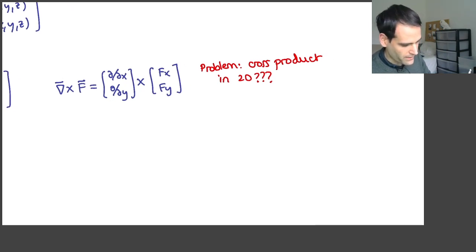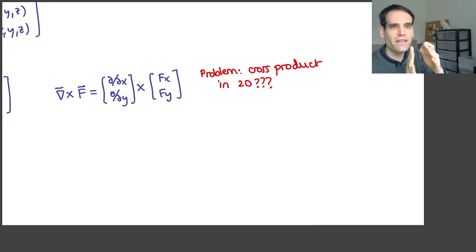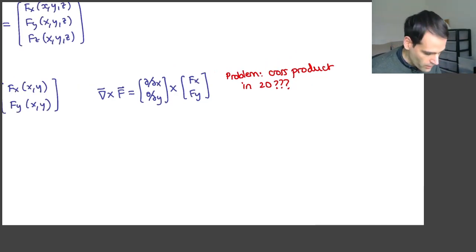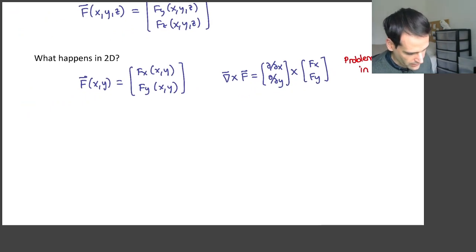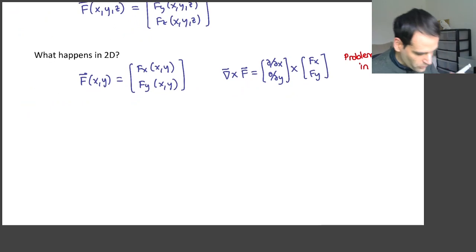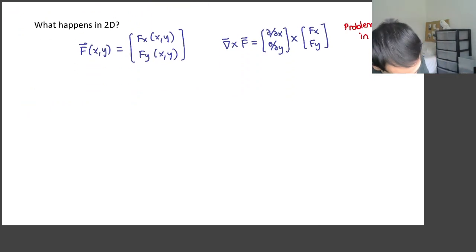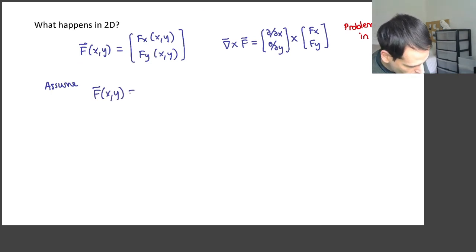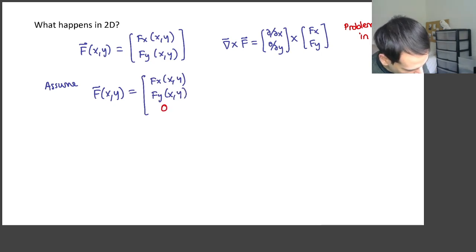I cannot write the determinant now because it would be 2 columns and 3 rows, so it doesn't make any sense. So what we have to do is a trick which is sometimes called the 2-dimensional curl. We just consider a vector field which is a vector in 3 dimensions, but only has an x and a y component with a 0 z component.